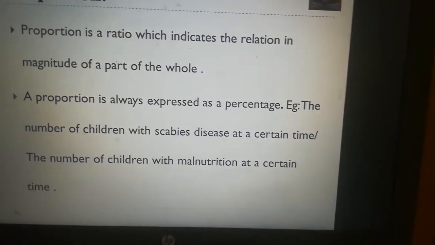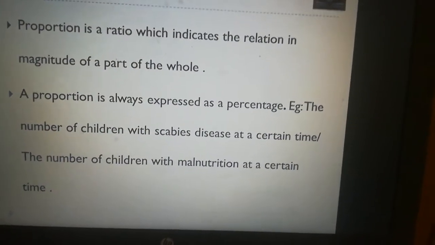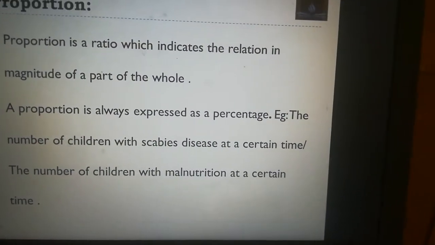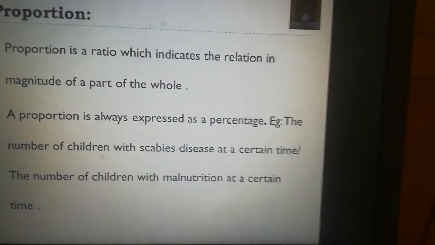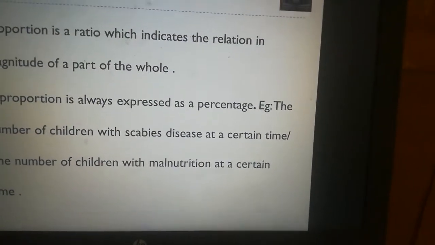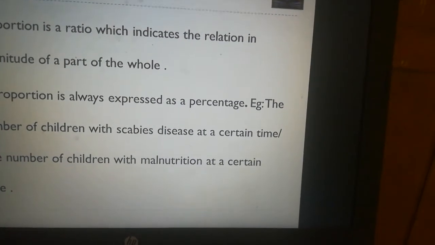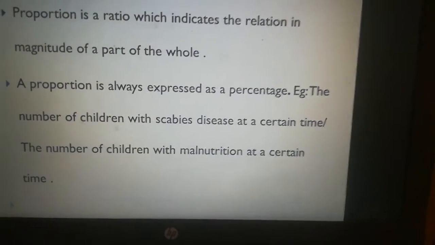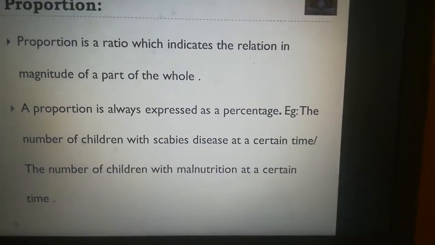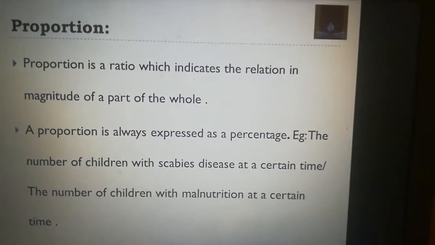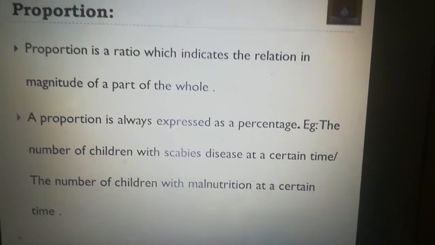For example, how many children got scabies out of all the malnourished children? Or out of under 5 children, how many children are suffering third degree malnutrition? Got it? So that way, proportion is the part to the whole, and it is represented again by percentage.